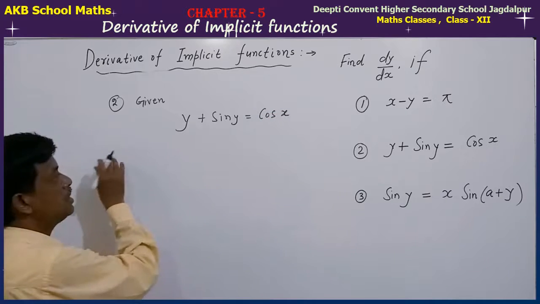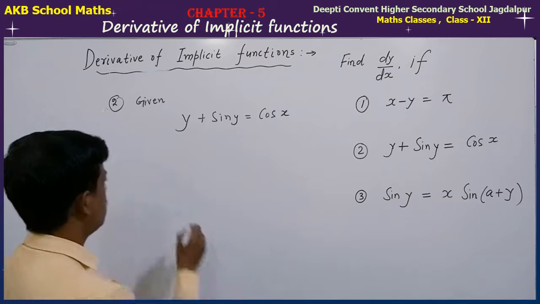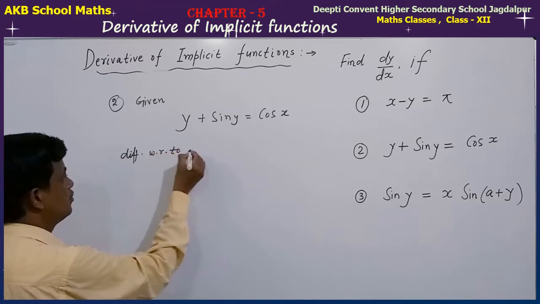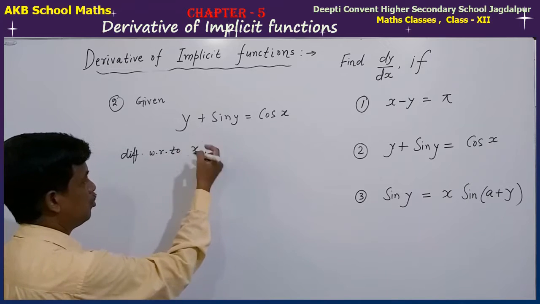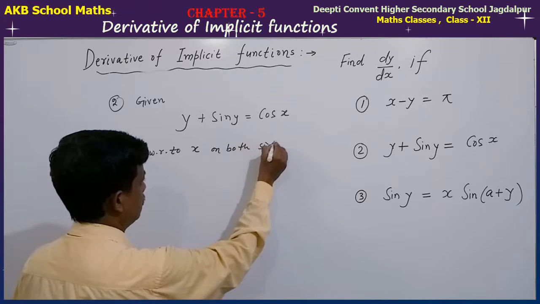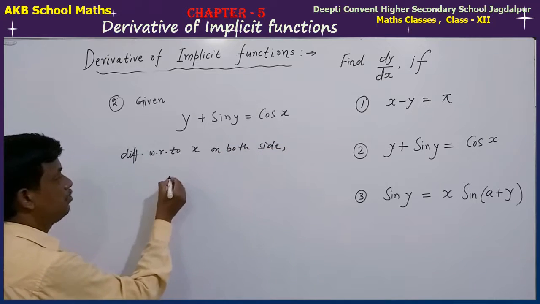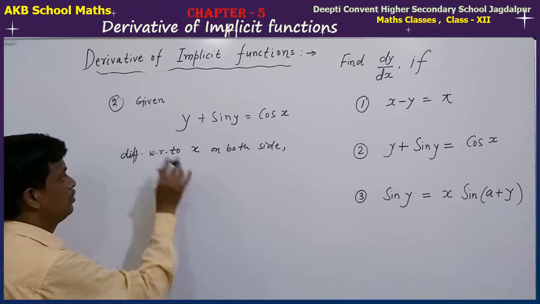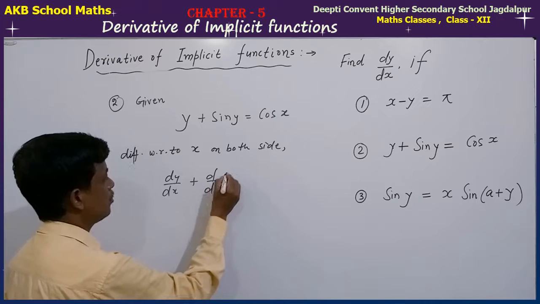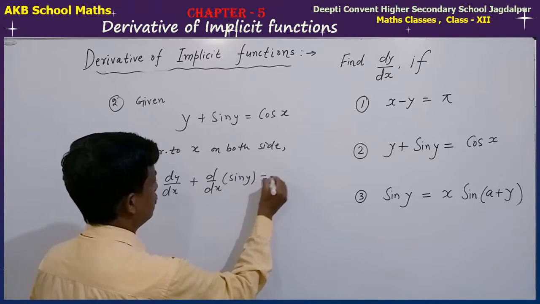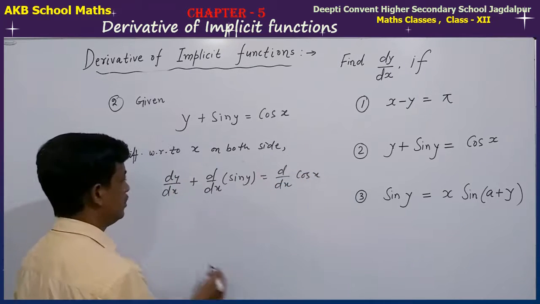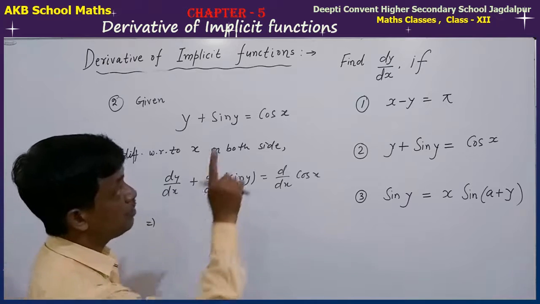Now differentiate both sides directly with respect to x. On both sides we get: distribute, first dy by dx plus d/dx of sin y, then d/dx of cos x. Now we have to find the value of dy by dx.